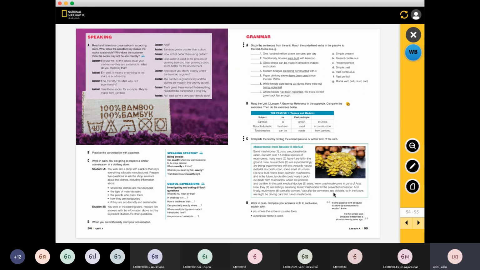In general, in this text they are talking about the conversion of mushrooms into biofuel. So we talk about an alternative to fuel.